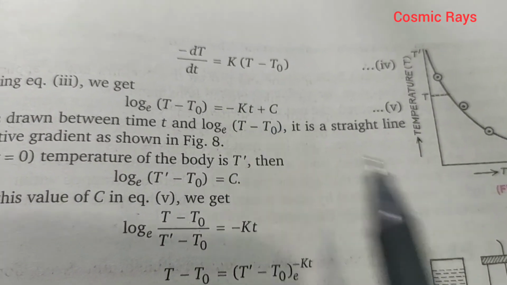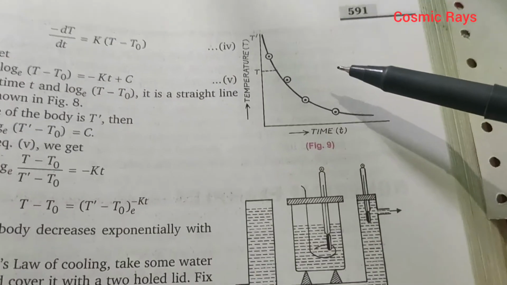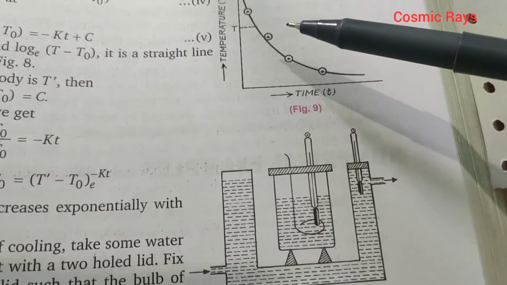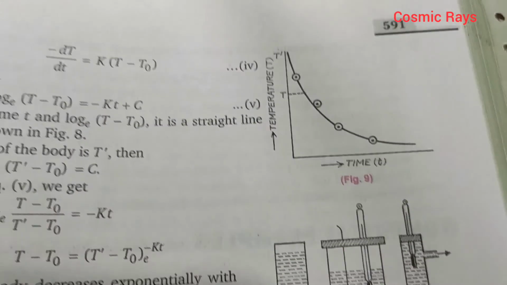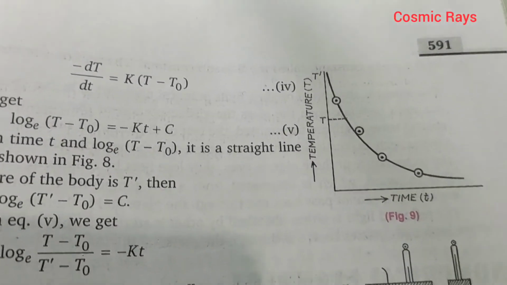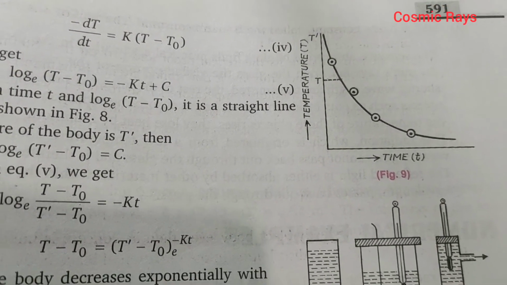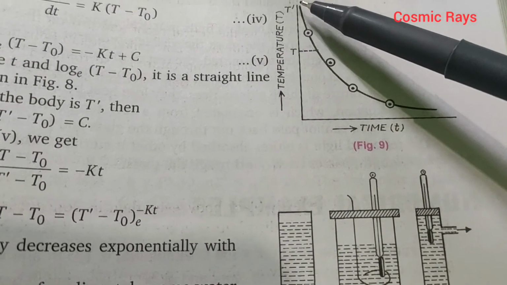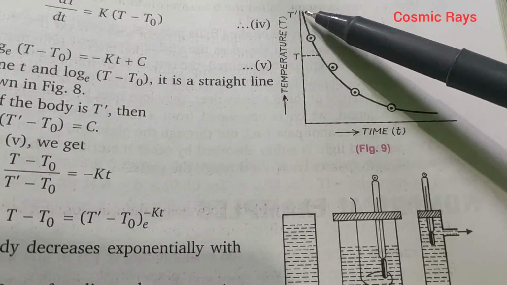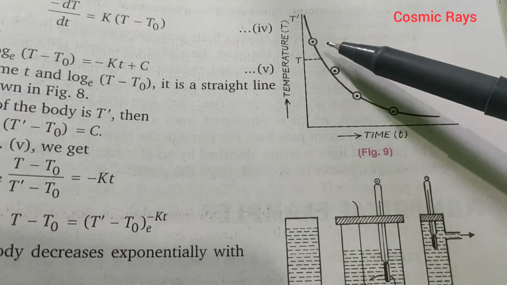After this, a graph has been plotted based on Newton's law of cooling, which says that the rate of loss of heat will depend upon the temperature difference between the substance and the surrounding. So we find that initially when the temperature difference was very high, the loss of heat was also very high.